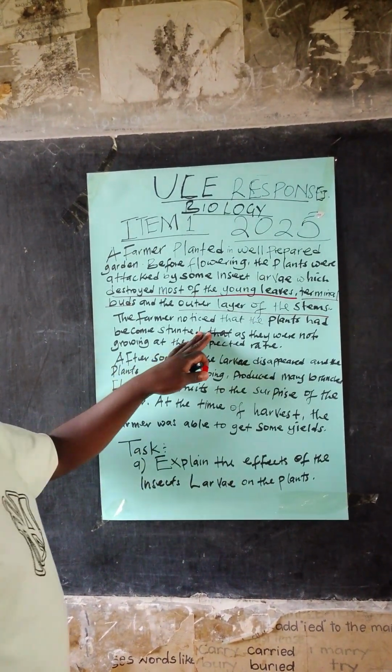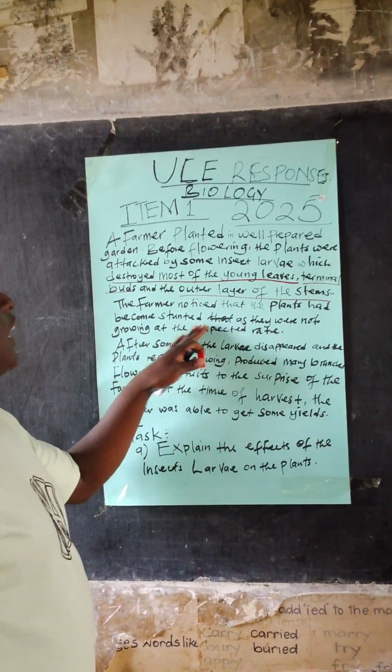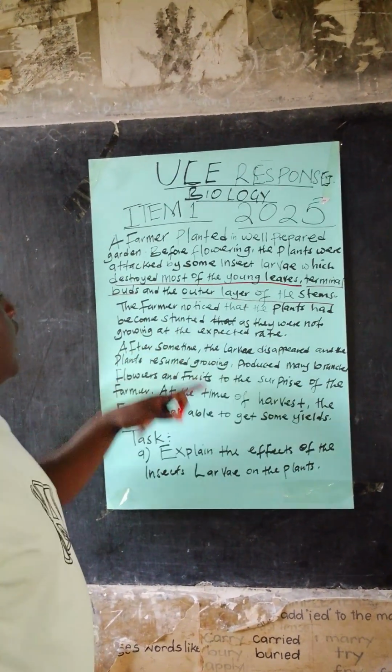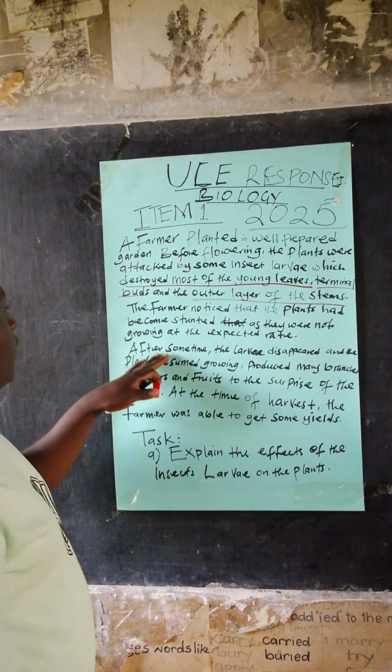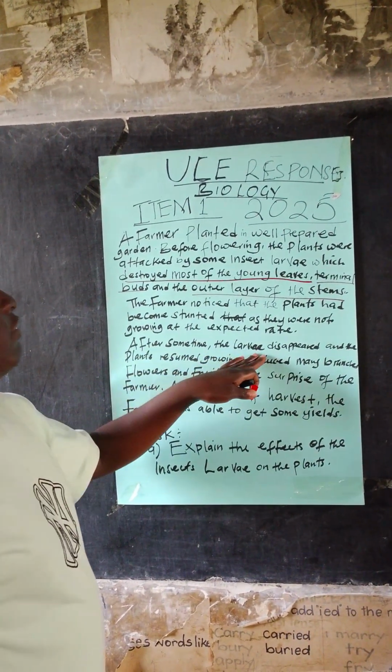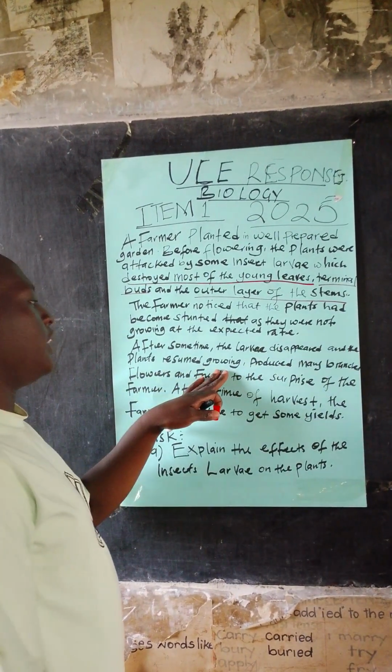The farmer noticed that the plants had become stunted as they were not growing at the expected rate. After some time, larvae disappeared and the plants resumed growing.